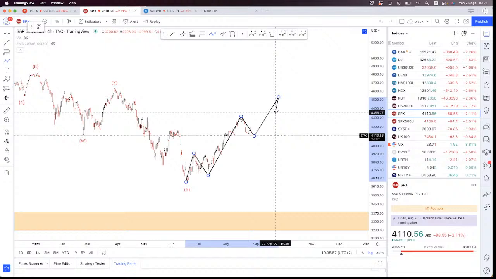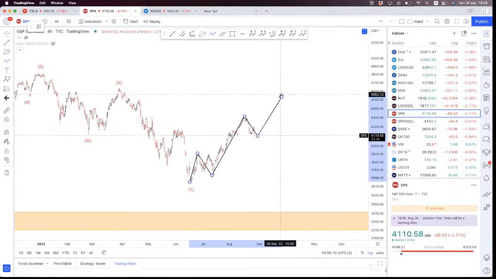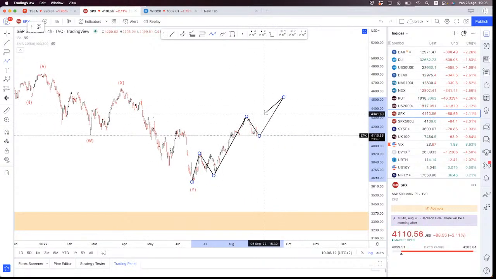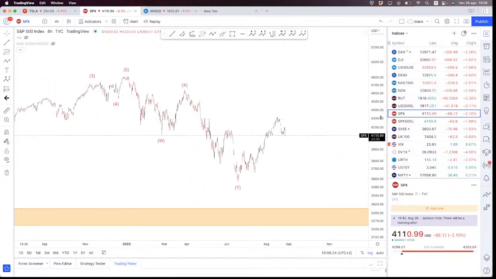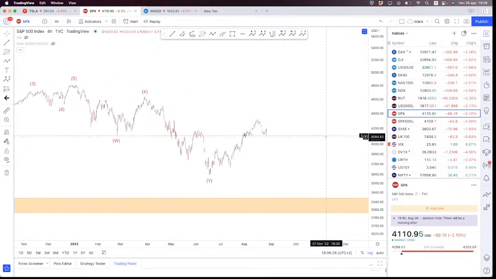At that point, perhaps we have a bottom in place. Maybe we don't. That's the next step, and then I'll take it from there. Saying if it's gonna be over by this year, I don't know. It's too much to ask. I'm sorry, but one step at a time.